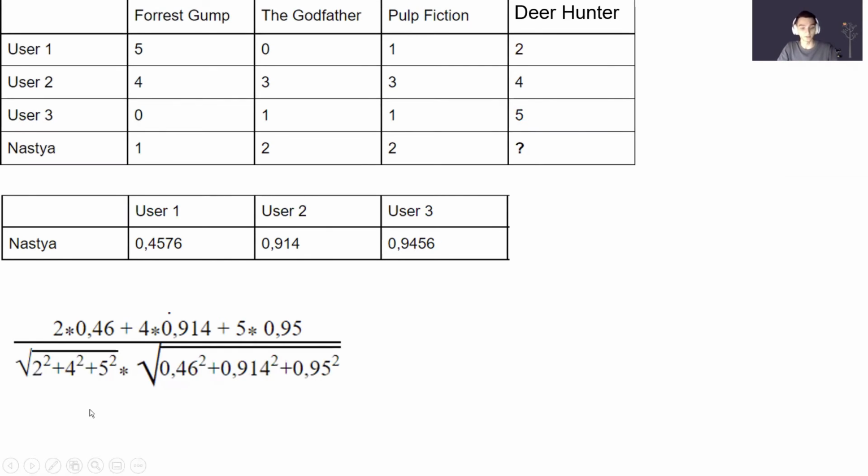So in the denominator, we put the product of two roots. In the first root, there is the sum of squares of the grades of all users. And in the second root, we put the sum of squares of cosines. And we multiply them. So we just normalize our score and multiply it by 5.